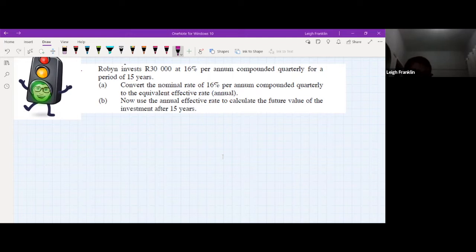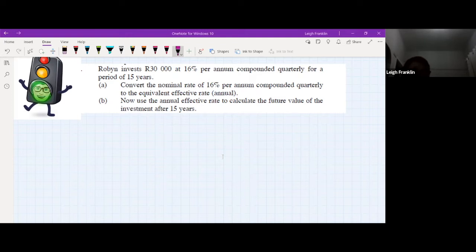Or if I said 20% per annum compounded annually, that's effective. If I say 2% per quarter compounded quarterly, that's also effective. So the rate quoted has to be the same as the compounding period. Then it is an effective rate.